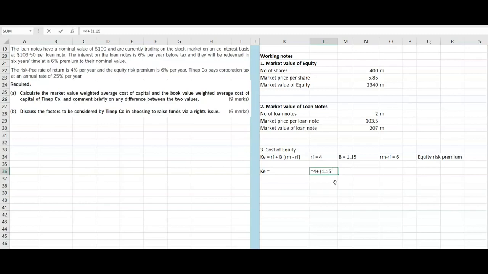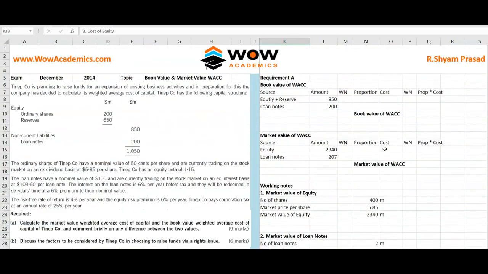RM minus RF is directly given, so we can take it as into the 6, close the bracket, and we'll get the answer. The answer comes to 10.9. So that should be the KE. So KE is 10.9. Take the number and you can put it on here.